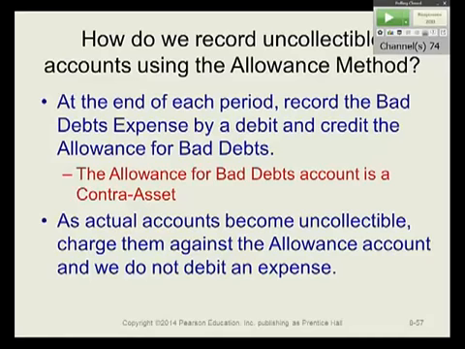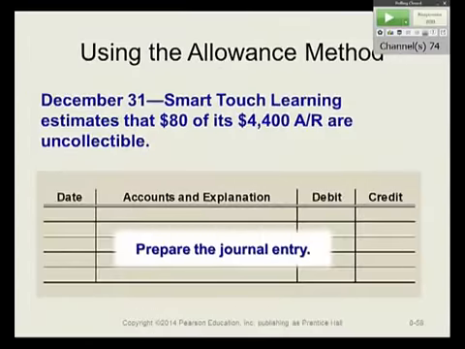All right, so now let's go to an example. We're just going to go through the entries first. It tells us that at December 31st, Smart Touch Learning estimates that $80 of its $4,400 accounts receivable will be uncollectible.